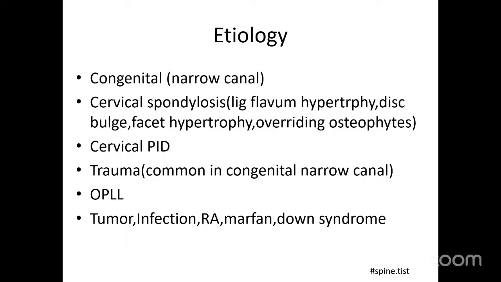What is the etiology of myelopathy? What causes myelopathy? Congenital or narrow canal since birth, spondylosis, that is degenerative cervical spondylosis caused due to ligamentum flavum hypertrophy, disc bulge, facetal hypertrophy, osteophyte compression, or simple PID, prolapse intervertebral disc, trauma, very common in our country, ossified posterior longitudinal ligament, or any compression due to tumor, infection, etc. Right?